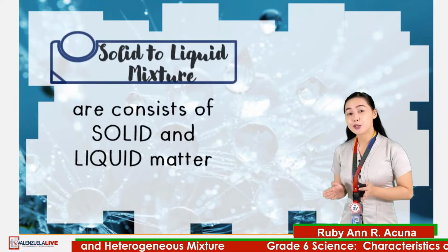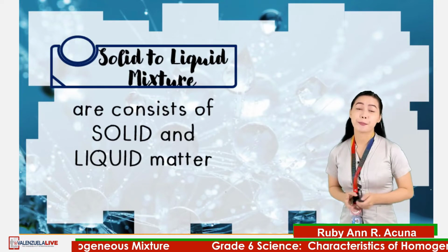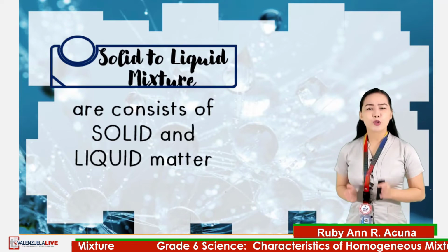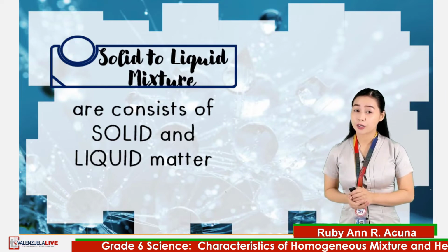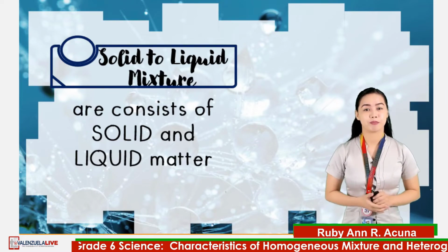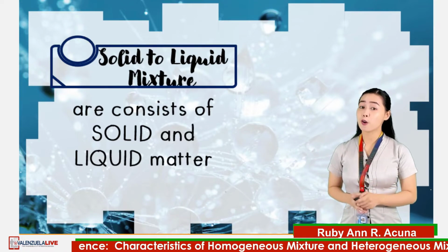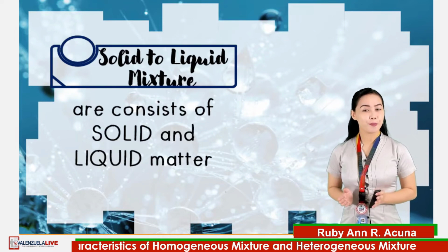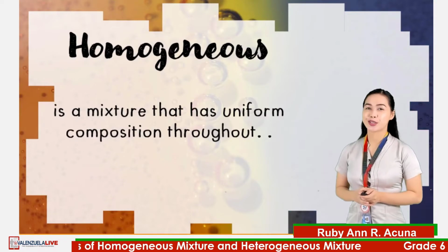Solid to liquid mixtures are mixtures that consist of solid and liquid matter. In our example, salt is in solid state, while the water is a liquid. So when we mix it, you will notice that it forms a single substance. Therefore, mixture B is a homogeneous mixture.